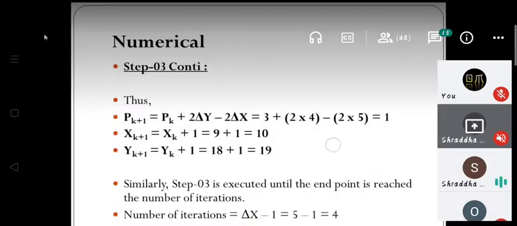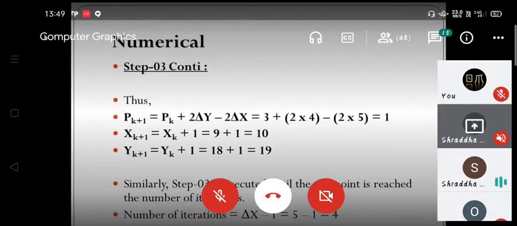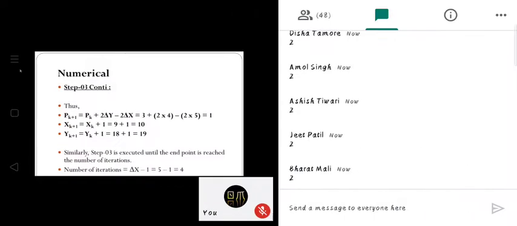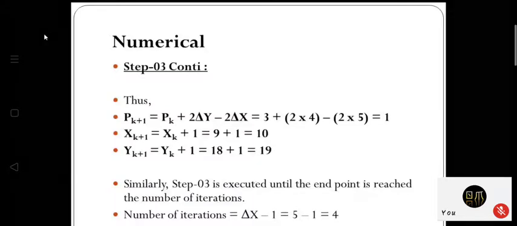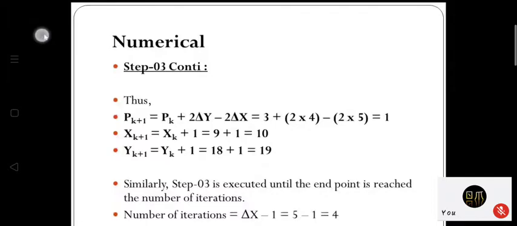Simply you put these values into the formula, and you will get the decision parameter, which is 1. So for the next point, the decision parameter is going to be 1. You have to remember this. So when I say decision parameter is 1, for the next pixel, again you are going to follow the case 2 formula.